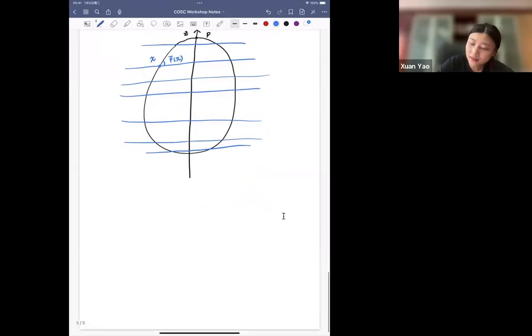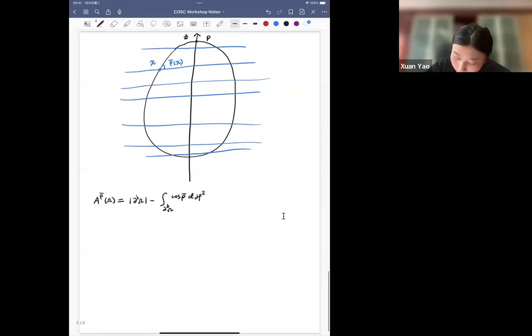Okay, more precisely, we define the capillary functional like this. Okay, so what is our omega? So omega is basically any domain here containing the point P we choose.